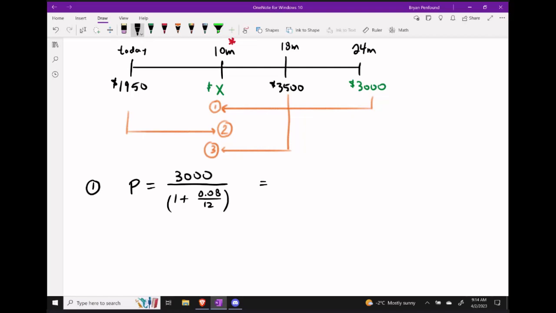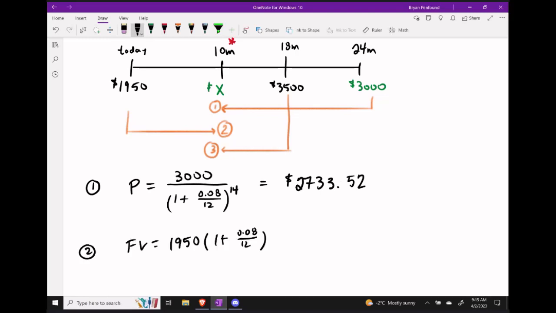Since our frequency number is monthly, and the amount of time between 10 months and 24 months is 14 months, that implies that n should be equal to 14. Simplifying this expression, we get $2,733.52.